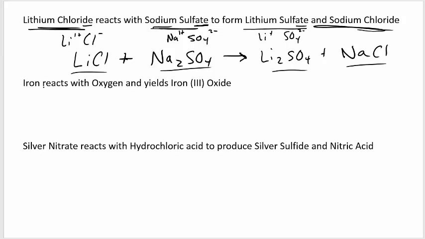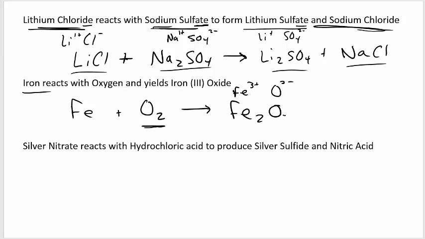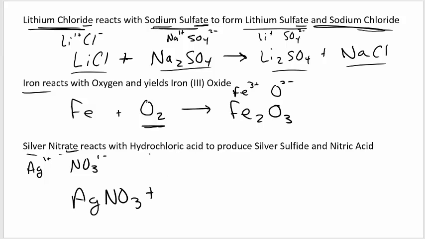All right, let's do the next one. We have iron reacting with oxygen. I'm going to write this as O2 for right now, and we'll explain in the next lesson why that is. And we have iron 3 oxide, so we have iron with a 3 plus charge, oxygen 2 minus, so we have Fe2O3. The next one, we have silver nitrate. Silver, I would tell you, is 1 plus. Nitrate, NO3 1 minus, so we have AgNO3.